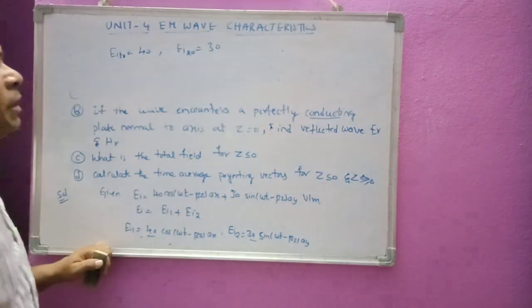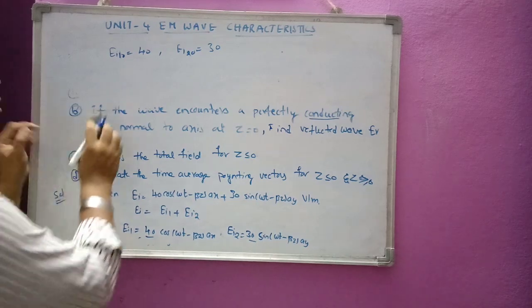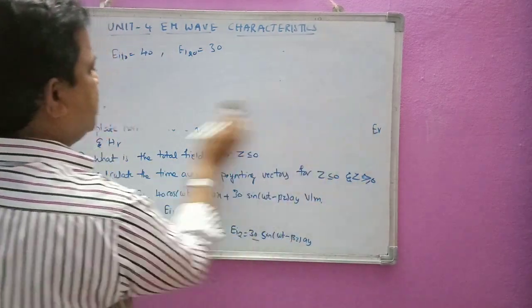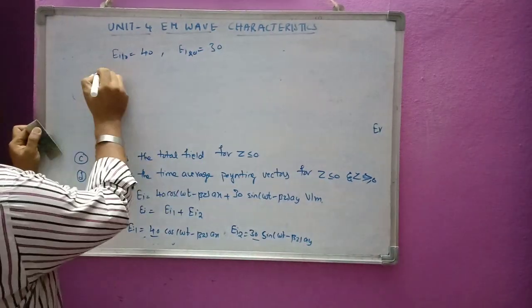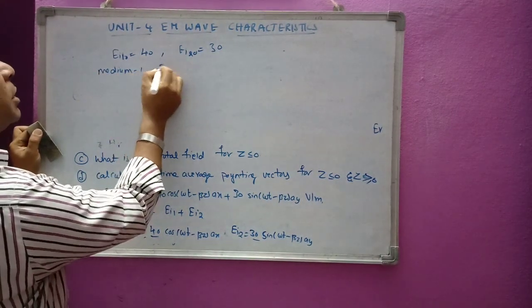Okay, 40 and 30. And now we need to find for fresh air, that is, he has given medium one as fresh air.